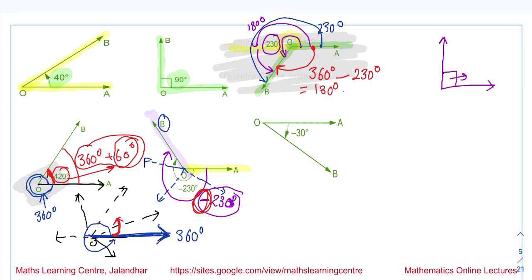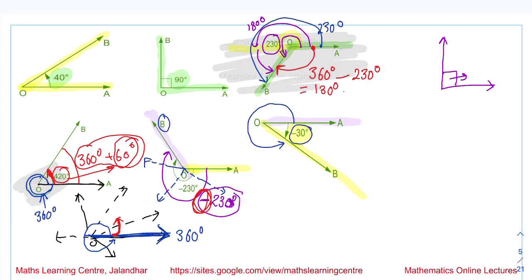Next, this initial ray OA is given. Again, it has rotated in the clockwise direction. The measure of this angle is minus 30 degrees.